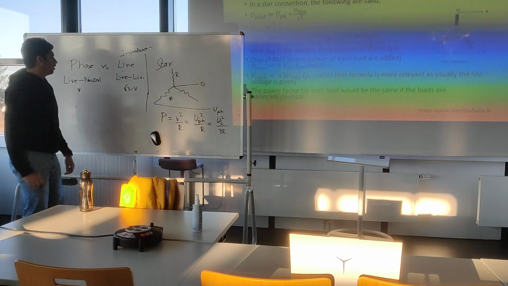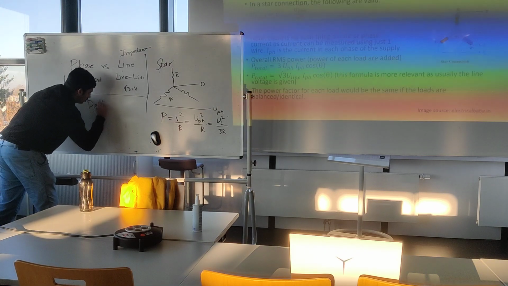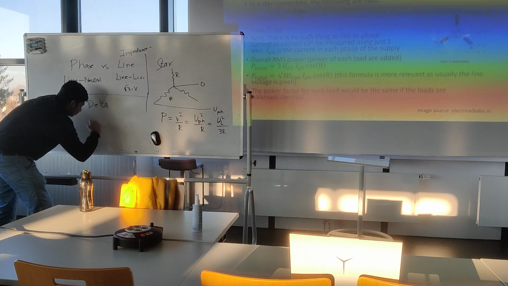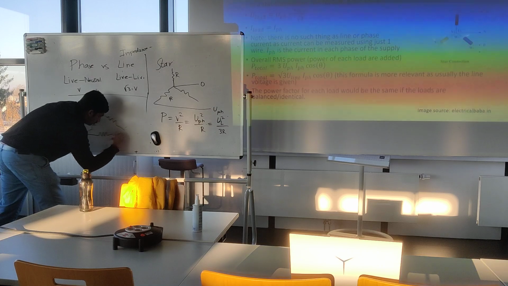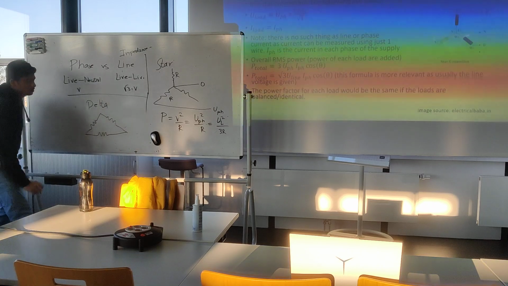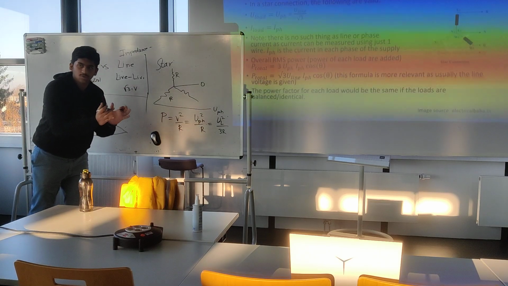Now let us look at the delta arrangement. Why 3 and not square root of 3? Because it's a square. So it's UL by root 3, the whole square.